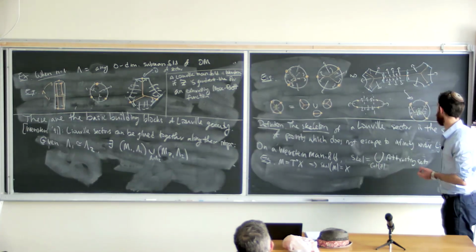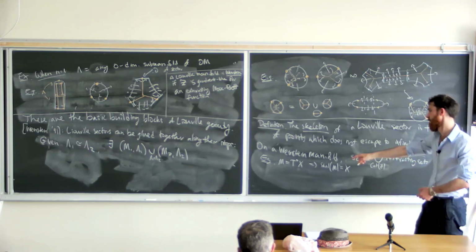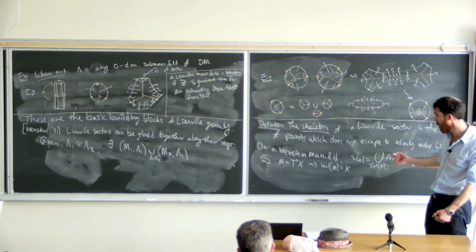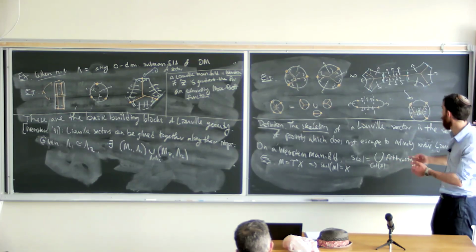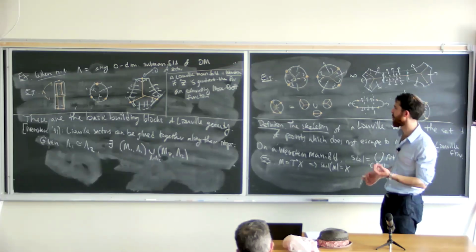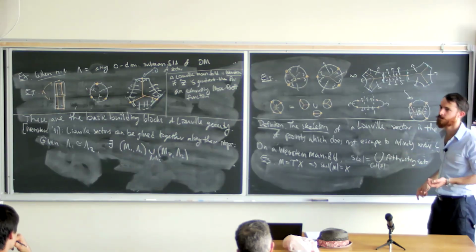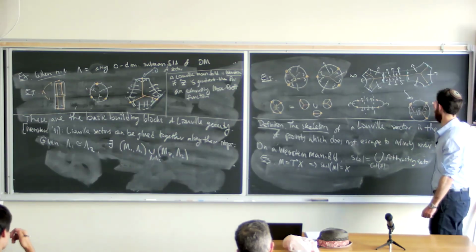So the point is that this analogy is supposed to be very sharp: if your skeleton is smooth, then you're literally the cotangent bundle of your skeleton. And so you should always imagine that any Weinstein manifold, any Liouville manifold is like a cotangent bundle to its skeleton.